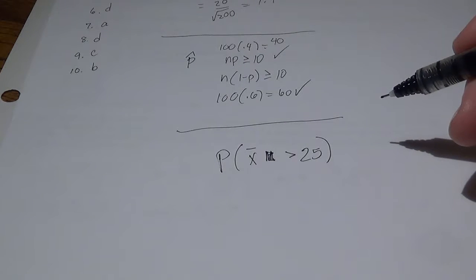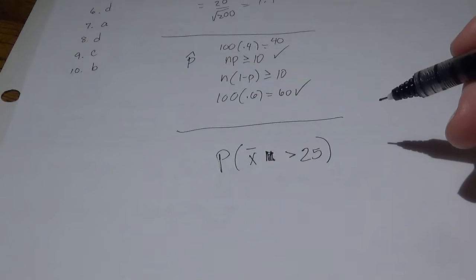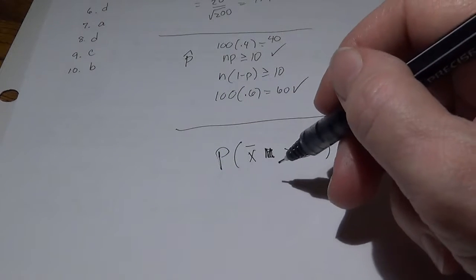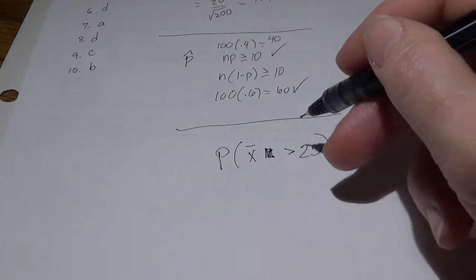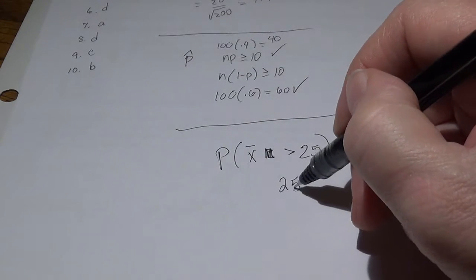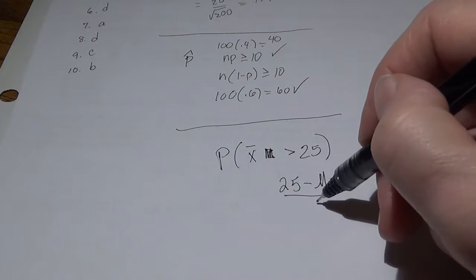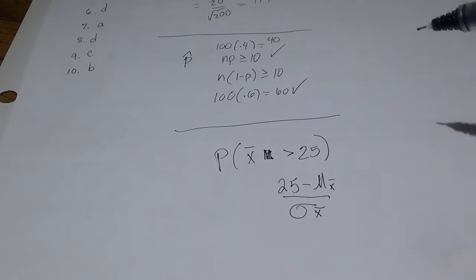So we can assume normality because of the sample size being greater than or equal to 30. So we just have to standardize this. So we're going to take the number of interest, 25, and subtract the mean of the sample and divide by the standard deviation of the sample.